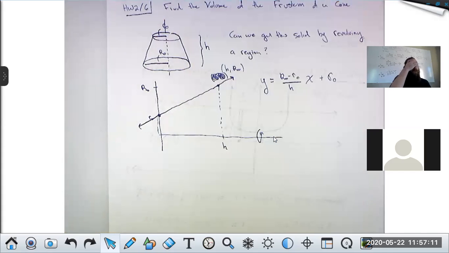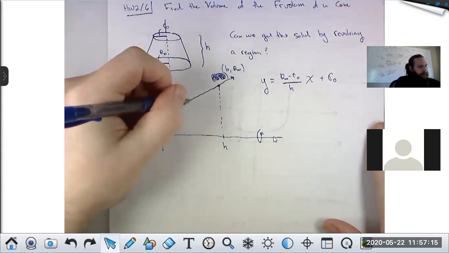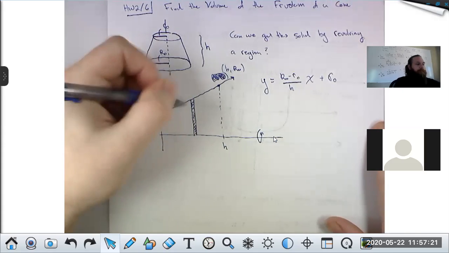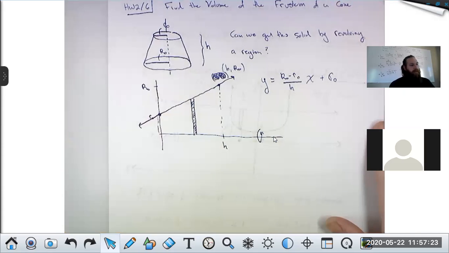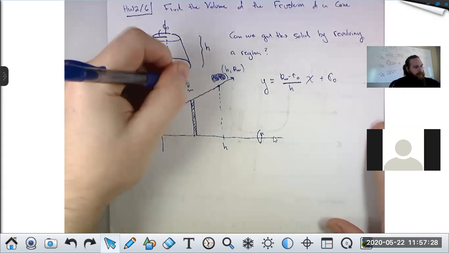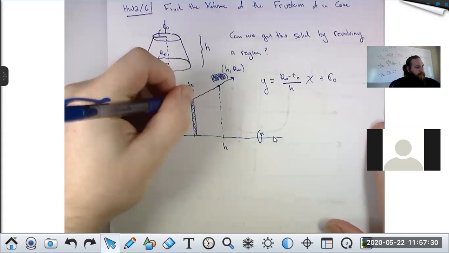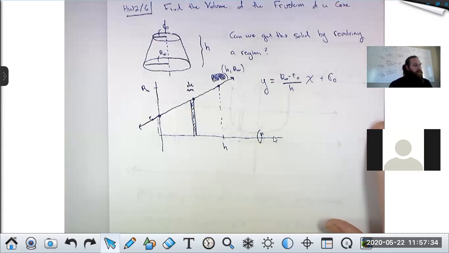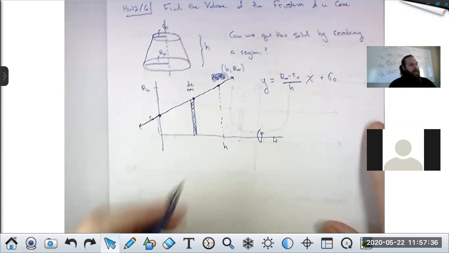All right, so I can then draw in my little strip. Its thickness is a dx thickness. This point right here is x comma the line's y value, and little r is 0.